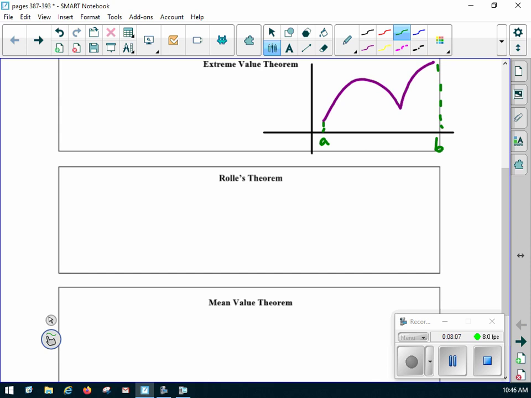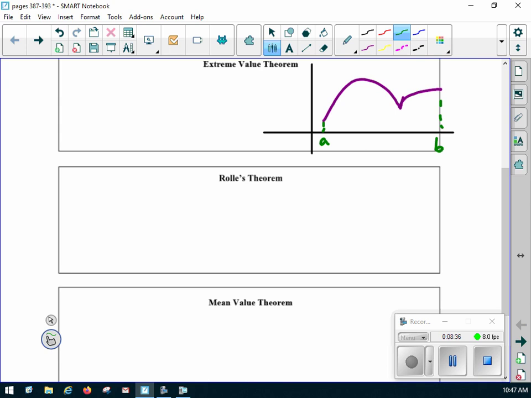There you go. Okay, so let's talk about this picture. You know what? I don't like that picture. I like that picture better. This function is continuous from a to b.